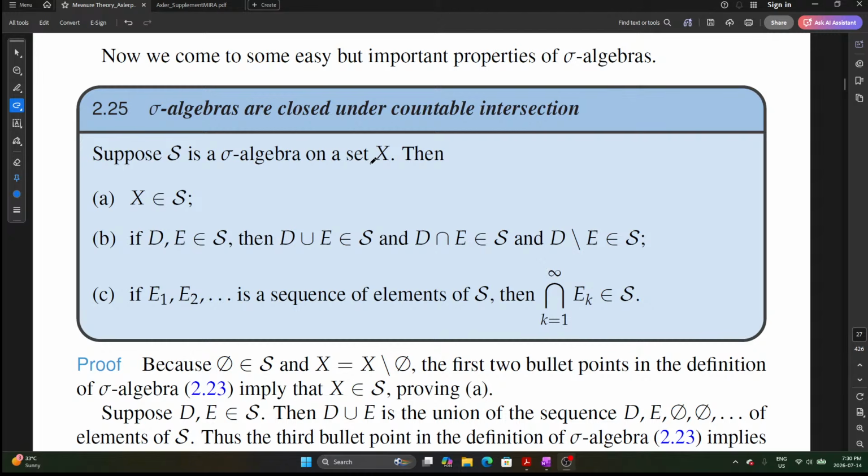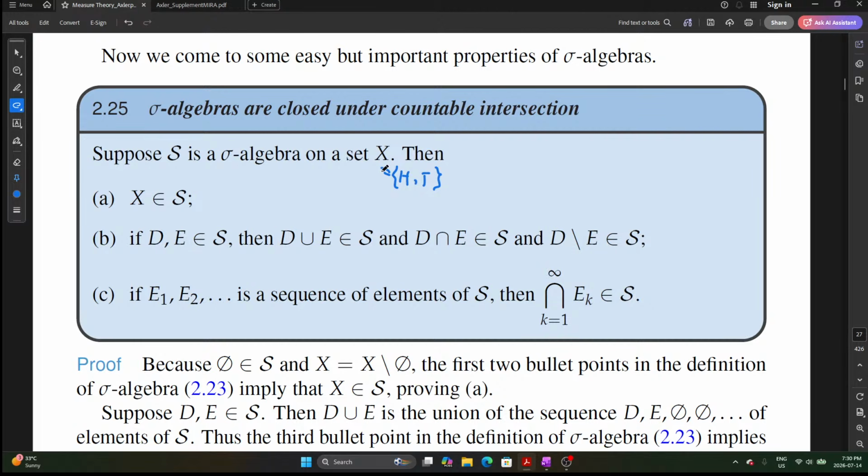So once again, in probabilistic language, what does A say? Imagine X is the sample space and S is the collection of events. A says X itself is an event. X itself is an event basically means that's the event that contains all the possible outcomes. When you imagine X is the set of head and tail, if you interpret X as an event, it means the coin is either a head or a tail.